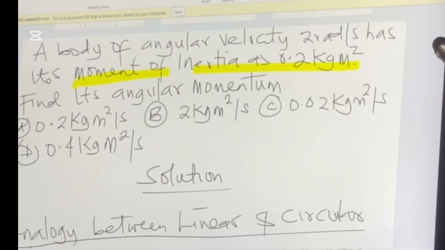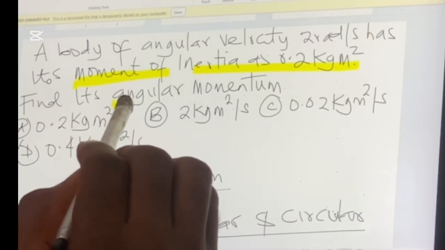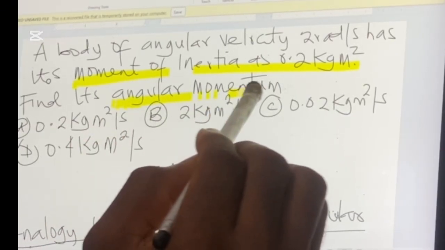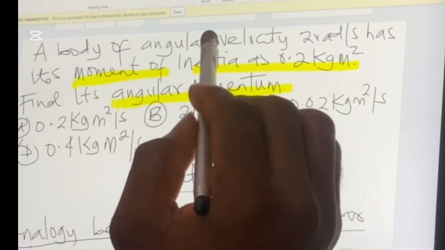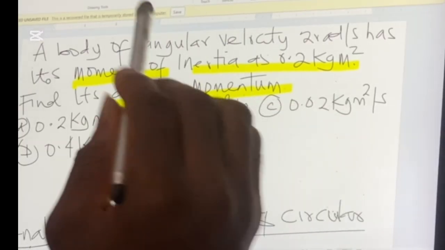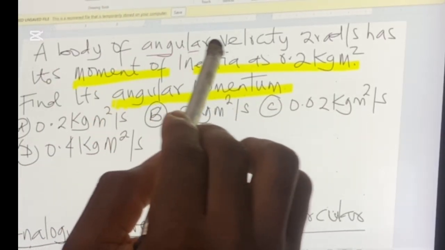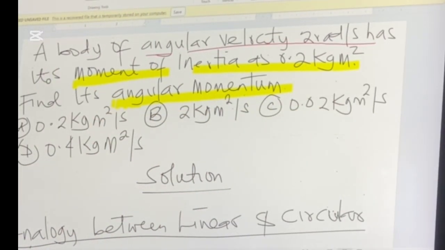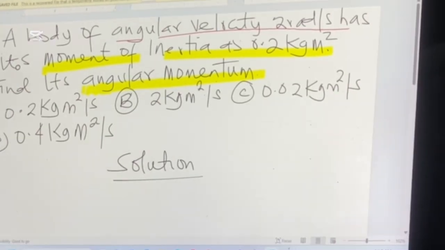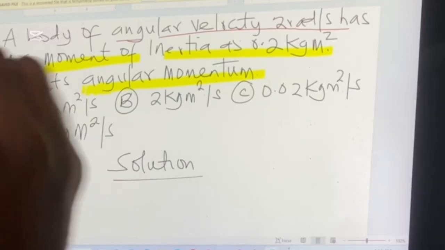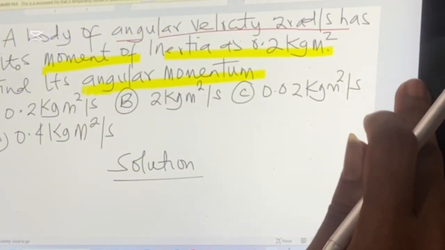We're asked to find its angular momentum, and the angular velocity is given to us as 2 rad per second. So class, let's solve this question. Before we solve it, we have to list out the given parameters.